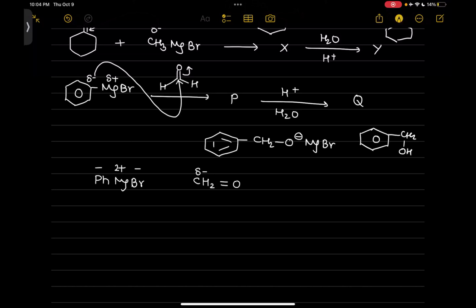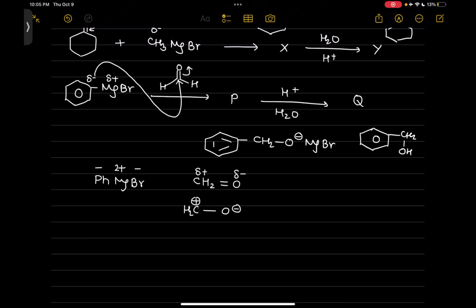This carbon is delta positive. Oxygen carries a partial negative charge because oxygen is more electronegative and carbon is less electronegative. You can think of it this way: CH2, O minus and C plus. But in the case of magnesium bromide, magnesium carries the positive charge and the phenyl carbon carries the negative charge. Got it? Clear? Yes.